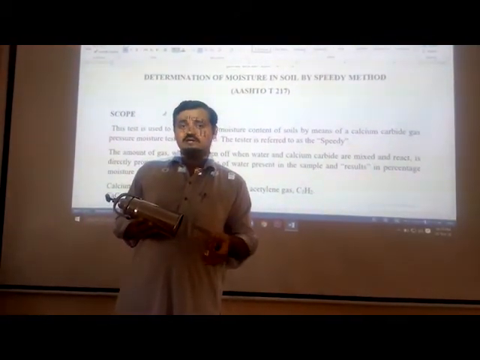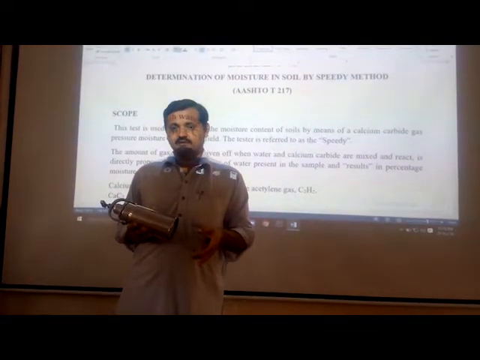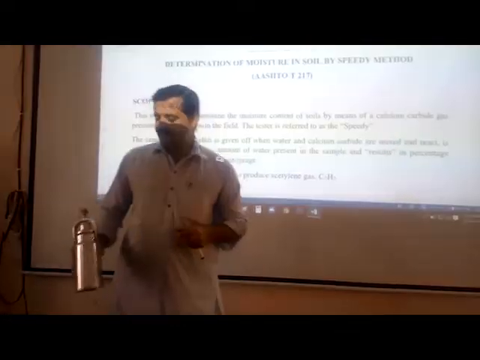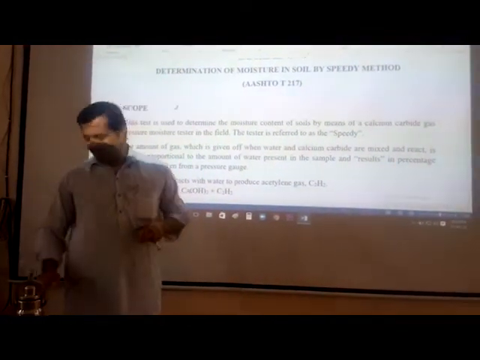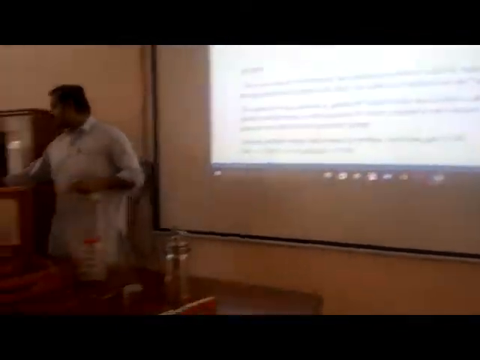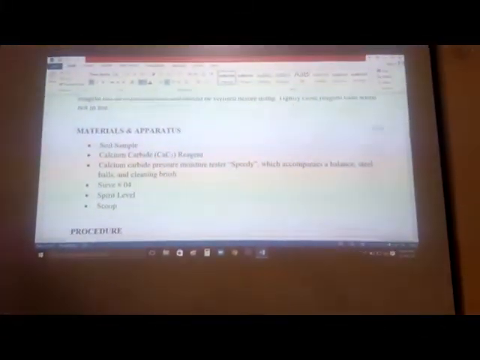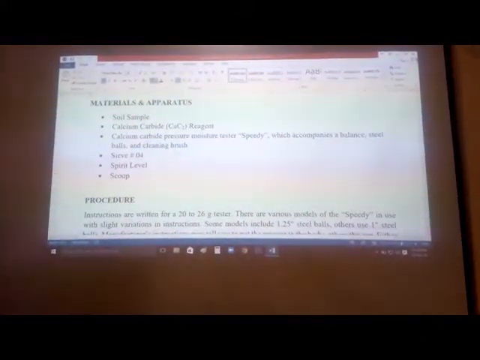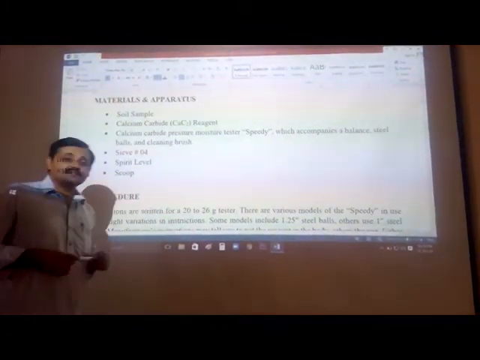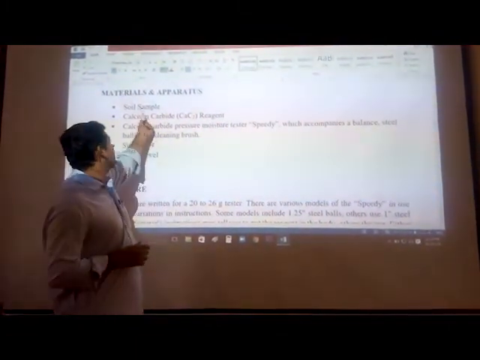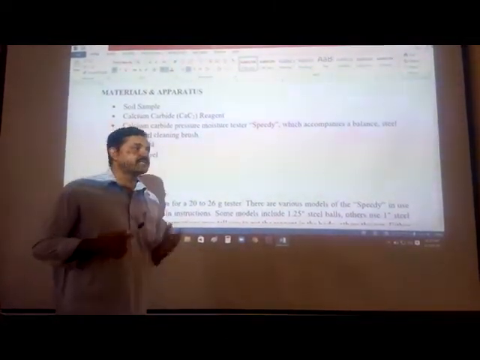Now, the apparatus or material that we will use in this particular experiment. Number one will be the soil sample, of which we are supposed to find the moisture content. Then calcium carbide. You can see this is calcium carbide, a reagent.